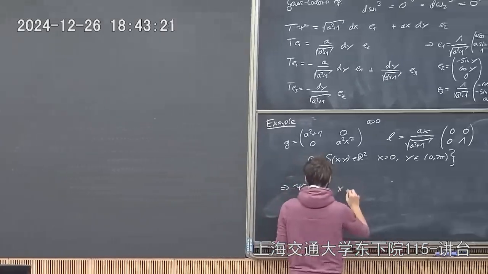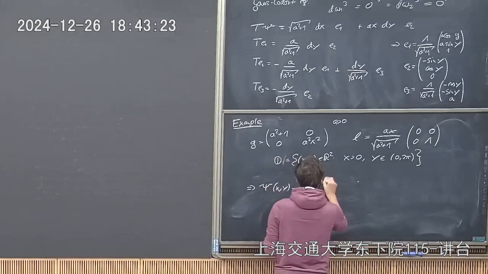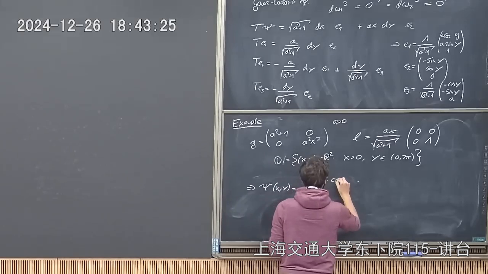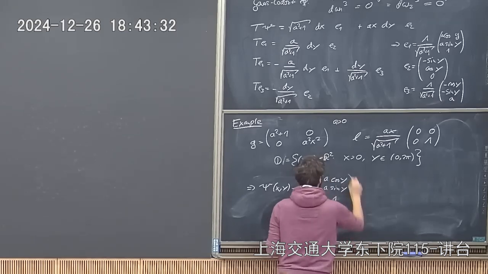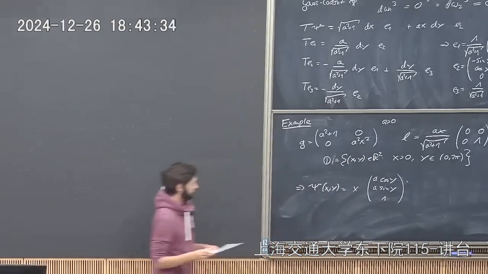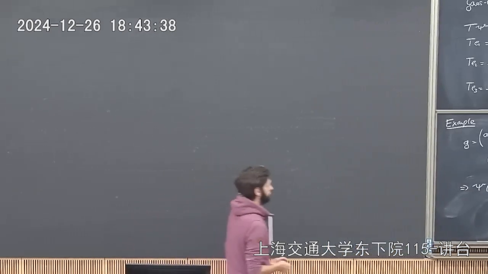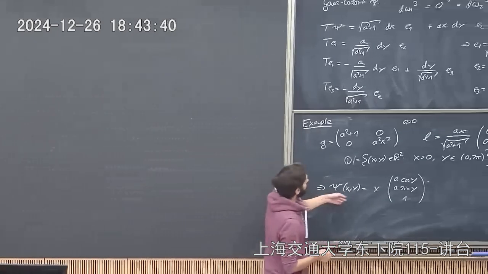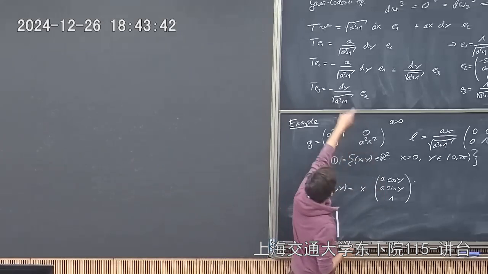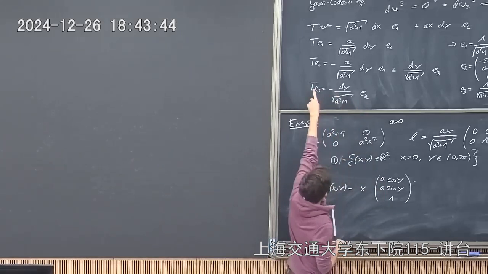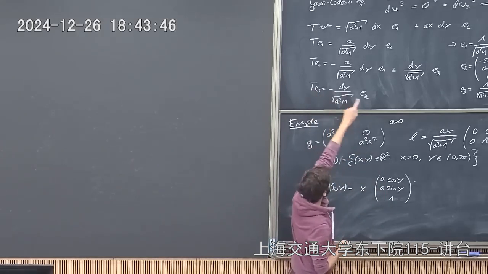Psi is given as x times 1 over square root of a squared plus 1 times a cosine y, a sine y, and 1. If you take the derivative in x, you get the first vector, which is E1, so that satisfies the first part.